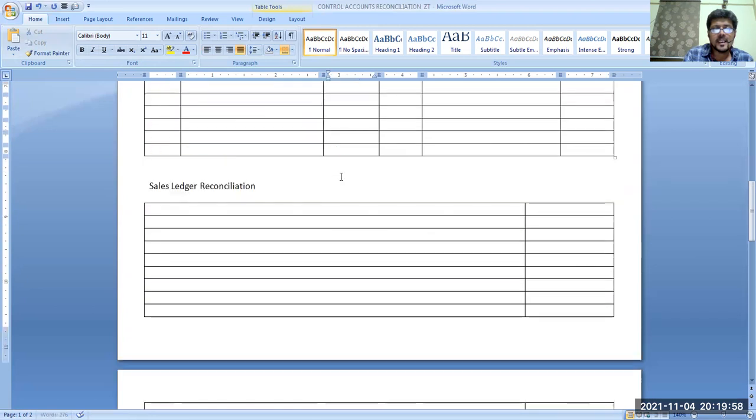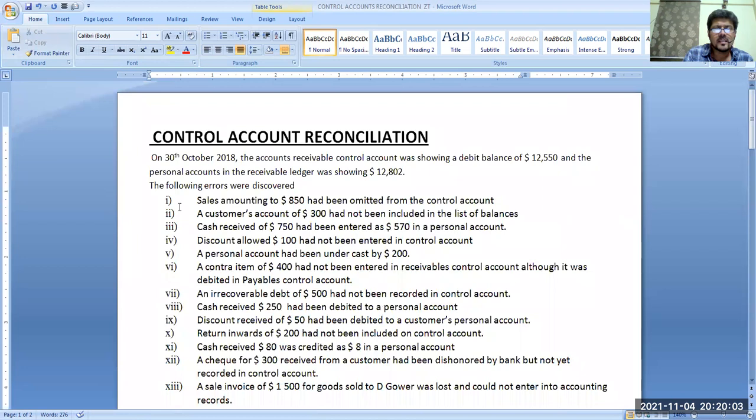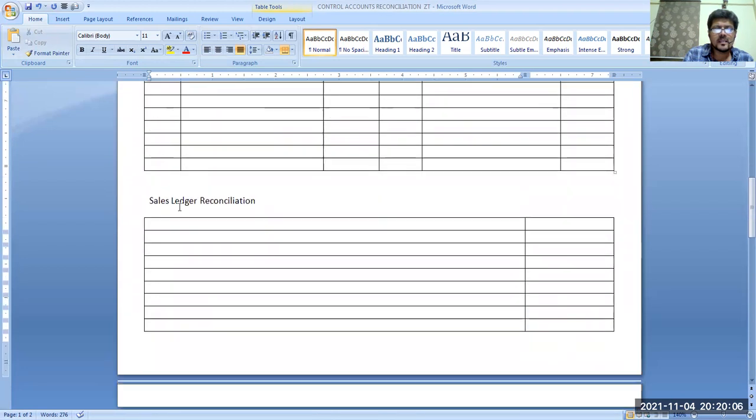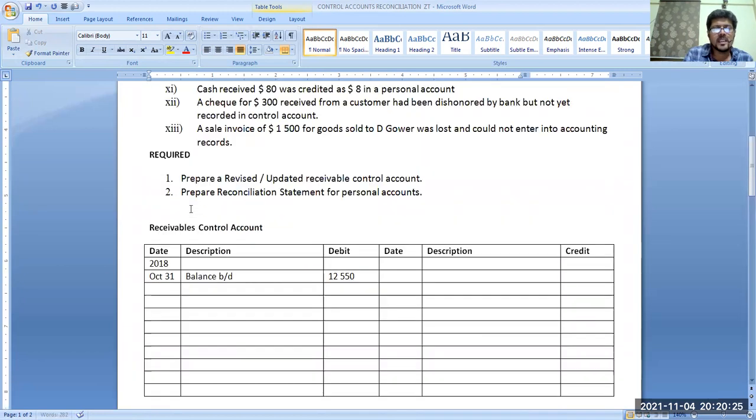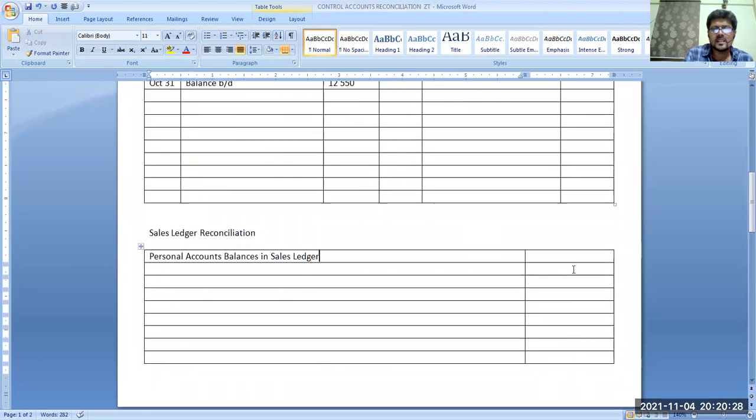Here, personal, August 1,800. So we have to move side by side. Every transaction will enter accordingly.